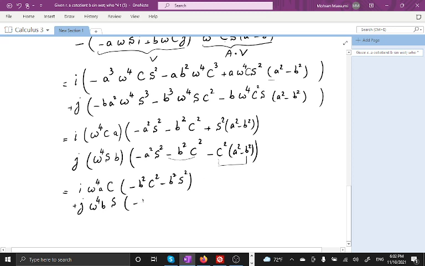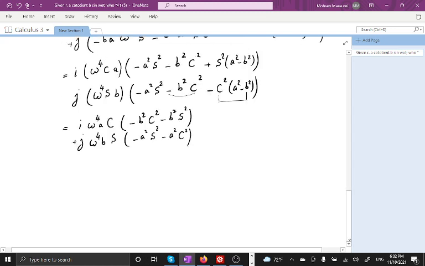This is minus a squared s squared, and then minus this is a squared c squared. One more round of simplification. I have b squared common to both of these things.